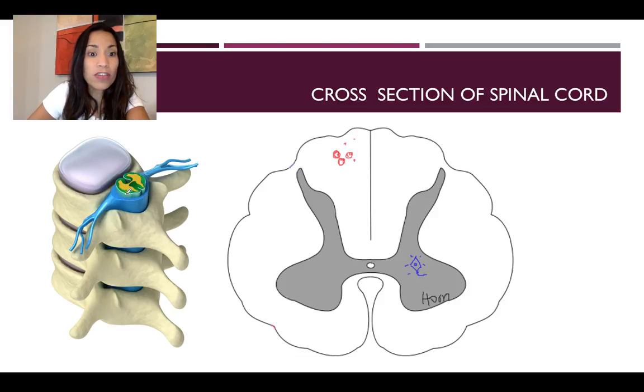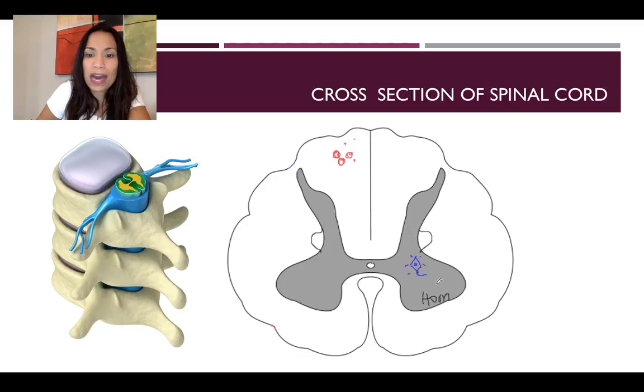Now, on the thoracic segments of the spinal cord, and only in there, and we will understand the why of this in the next chapter, we have another horn. Again, this is only on the thoracic segments.